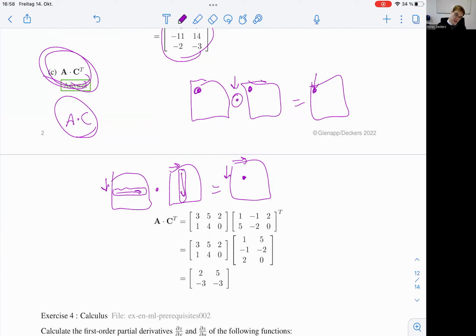For matrix addition, you would like to have 2 matrices with the same shape to do this element-wise stuff. But here it's just important that this width and this height match up. So the width of the first matrix and the height of the second one have to match up.